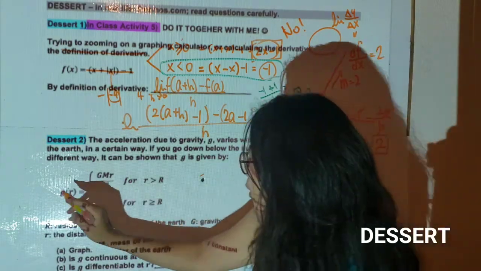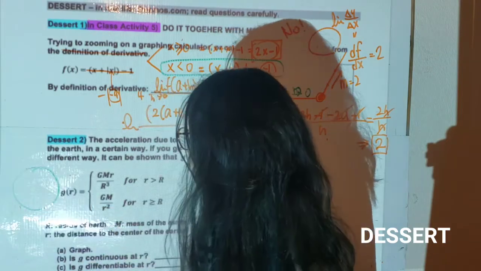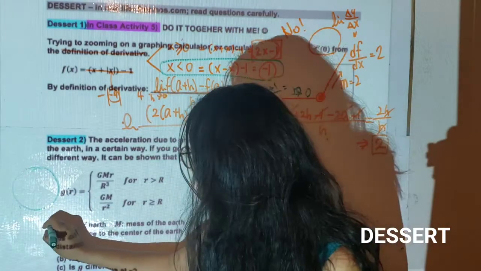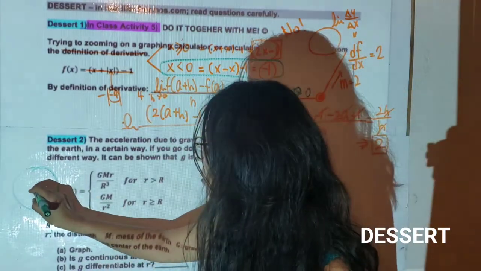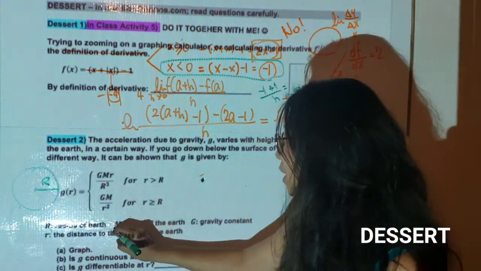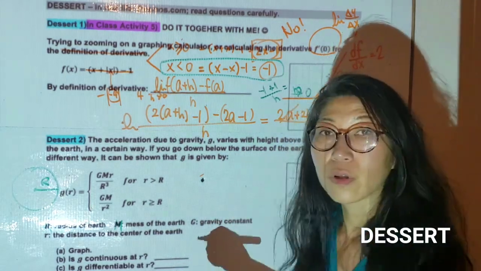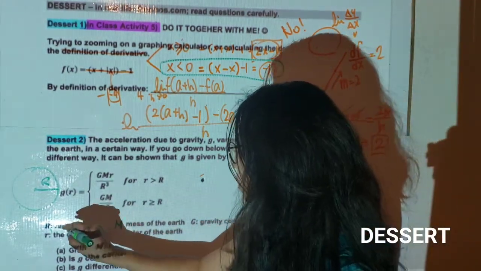I have earth here, and they said big R is the radius of earth. Is this fixed? Yes, right? And the mass of the earth, is that a number or a variable? It's a number, already a number, so it's fixed too.